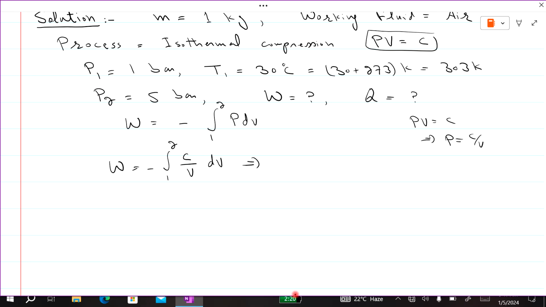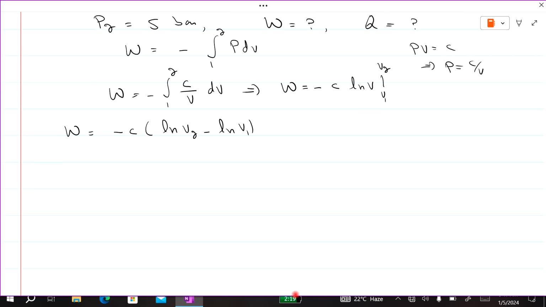C is constant, and the integral of 1 over V is natural log of V, with lower limit V1 and upper limit V2. So W is equal to minus C times natural log of V2 minus natural log of V1.